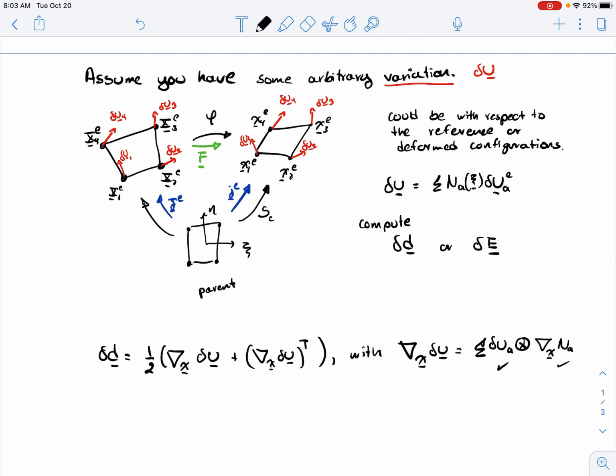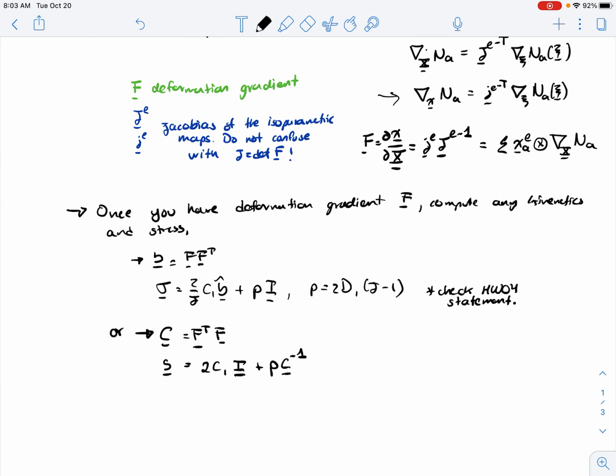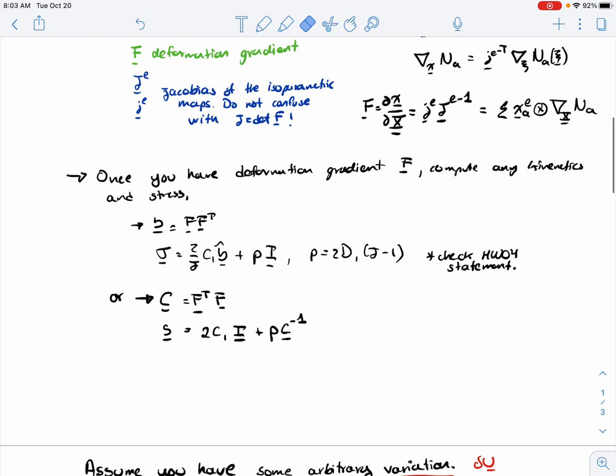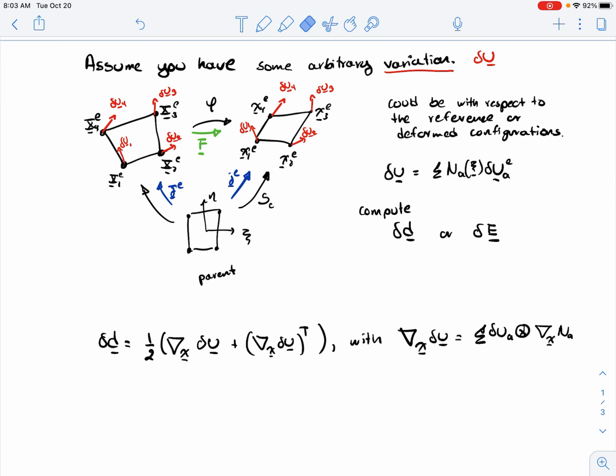These you can calculate based on what I showed you above. You can always compute the gradients of the shape functions with respect to little x or capital X. So you should have everything, and that's how you can compute the variation of the symmetric velocity gradient, delta d, for any point in here.